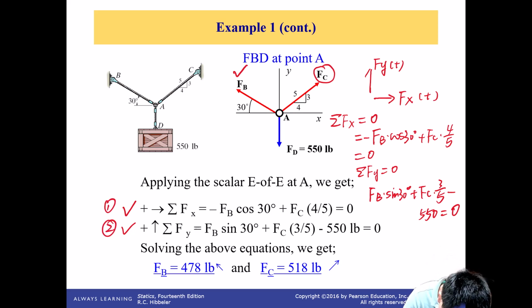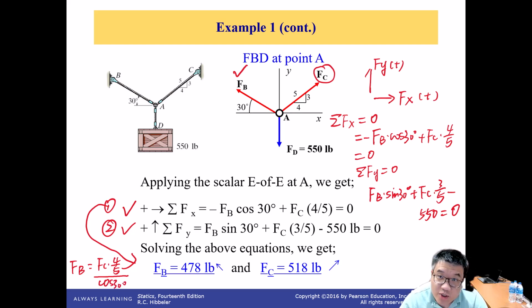Based on equation 1, we know that FB equals FC times 4/5 divided by cosine 30.